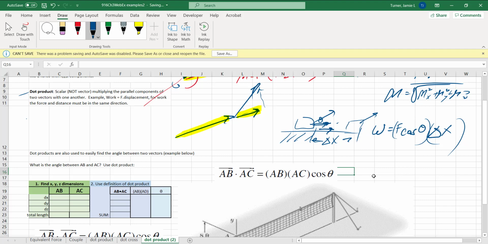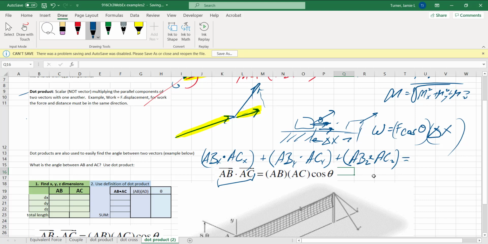We take the x component of the AB vector, multiply by the x component of this other vector, then add the y component of the first vector times the y component of the next vector, and then add the z component of this vector times the z component of that second vector. So it's x times x plus y times y plus z times z.